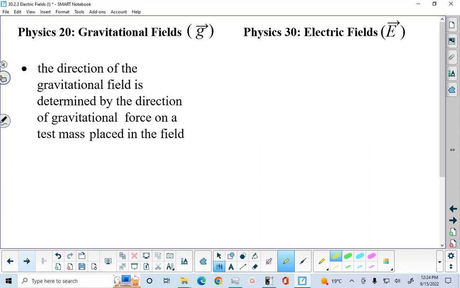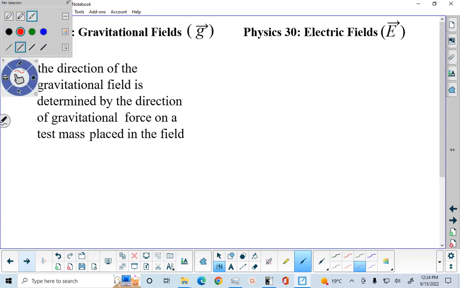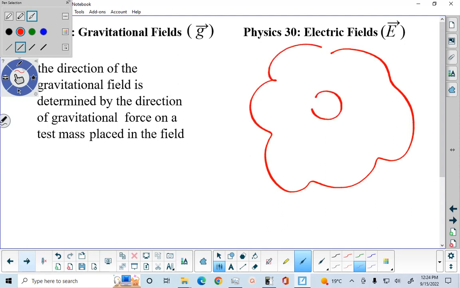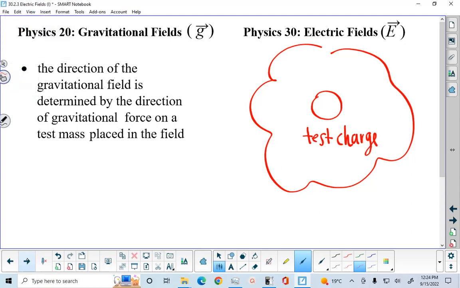We have a problem here, though, because imagine that I had an electric field in this region of space, and there's no need to draw anything. Just imagine that in this region of space, I have an electric field. And I take a test charge, and I put it in this electric field.